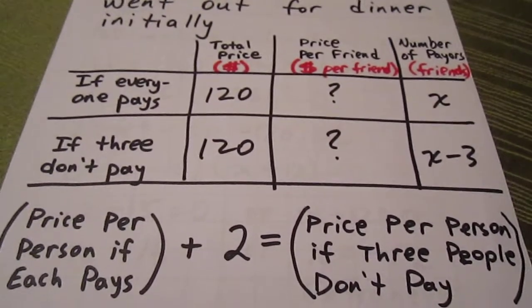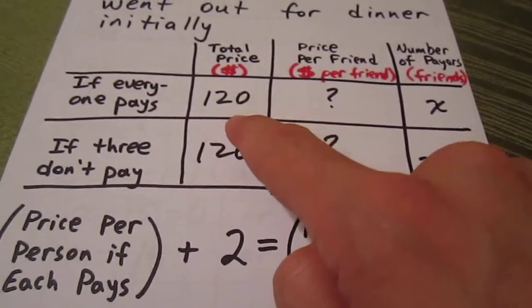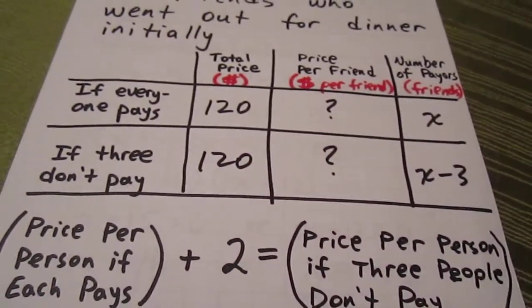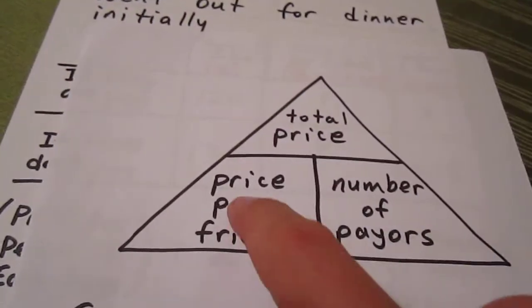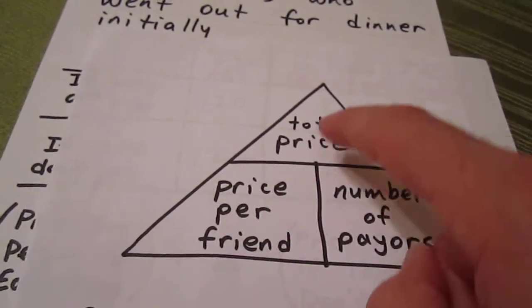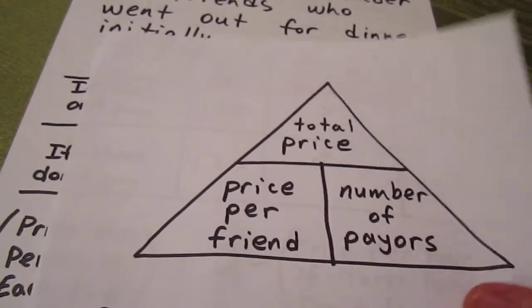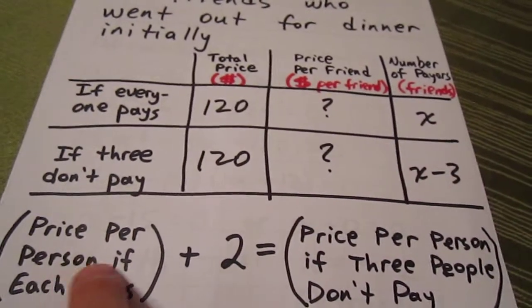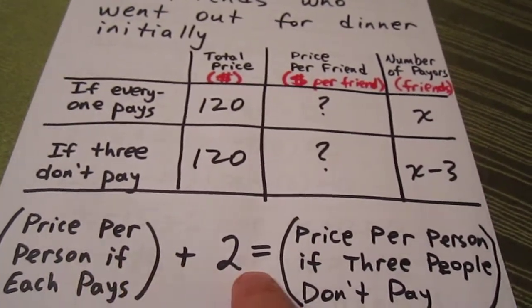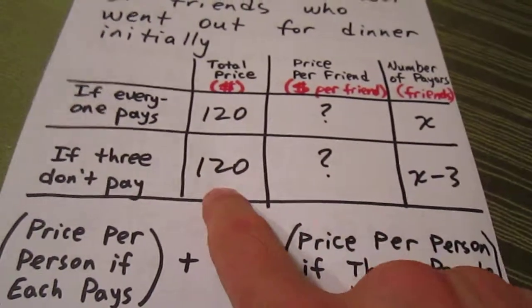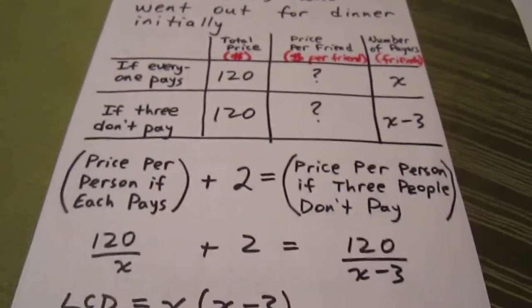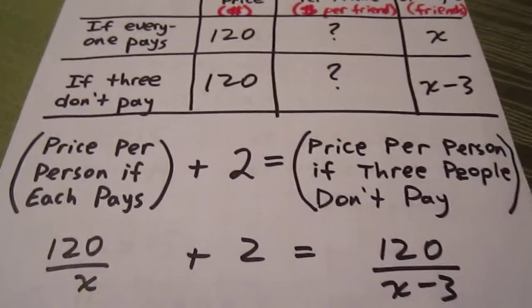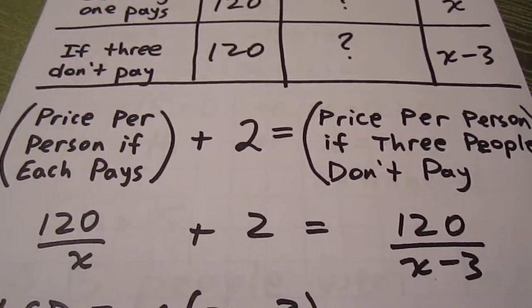The price per person if everyone paid is 120 over x, because we go back to our triangle: the total price over the number of payers. When we take 120 over x and add 2, we get 120 over x minus 3. And that is our rational expression equation.